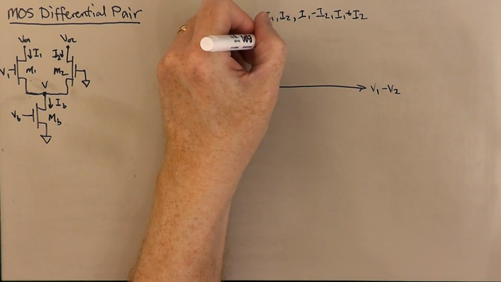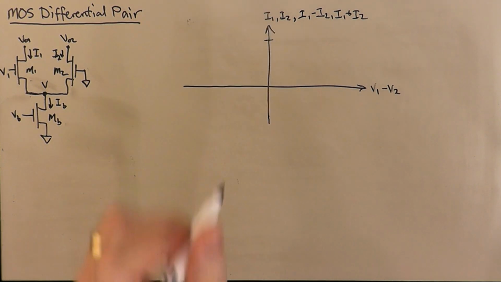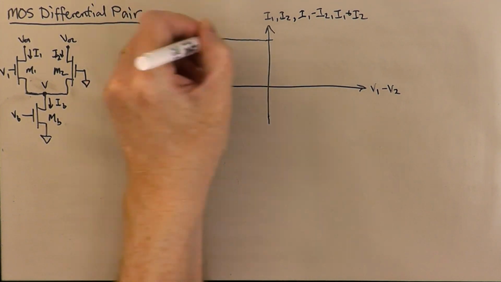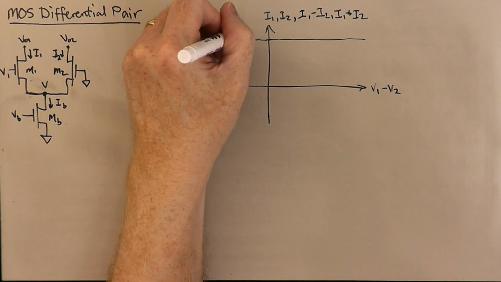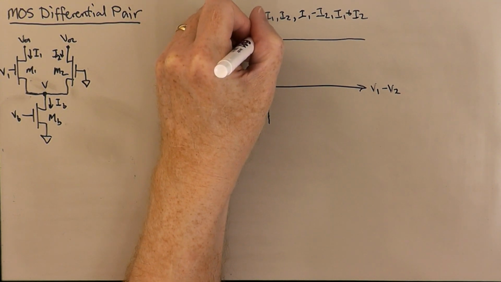So I1 plus I2 is the easiest. We know that that's a constant, and that's IB.